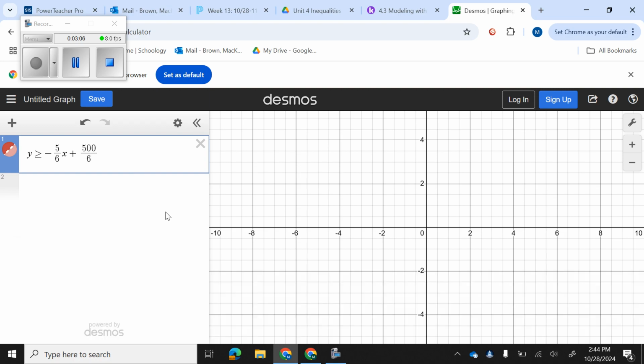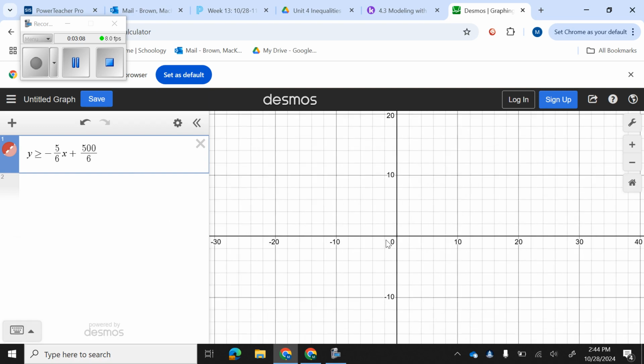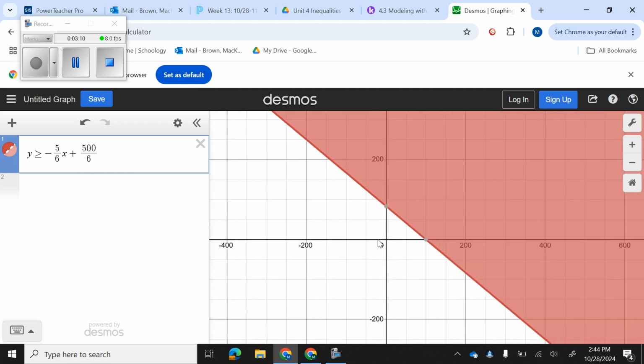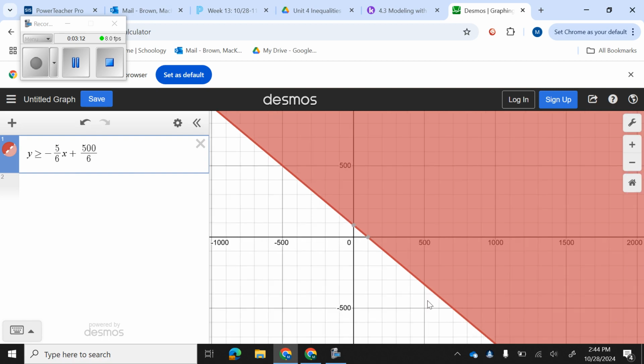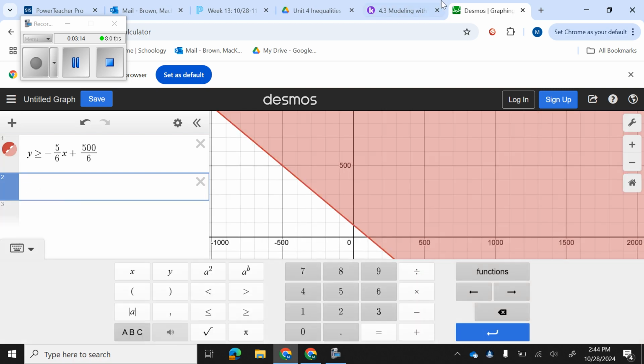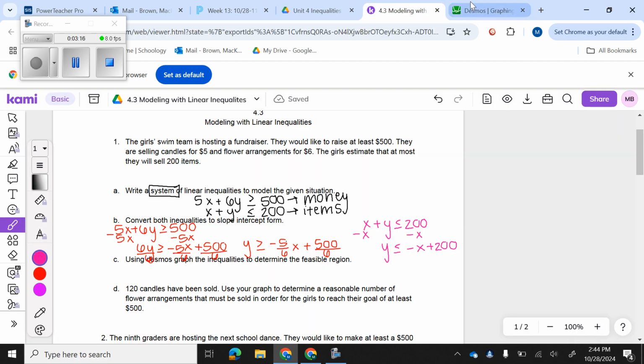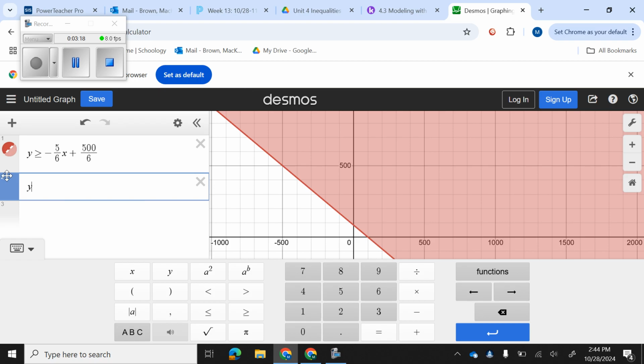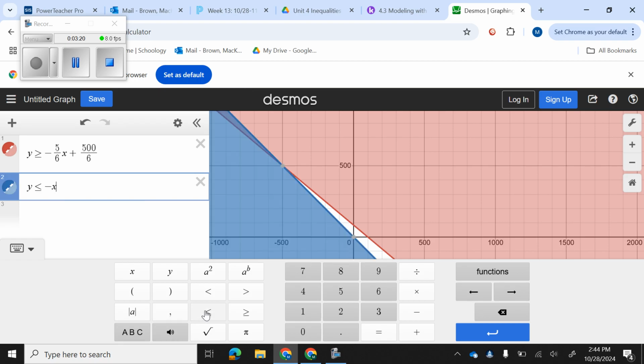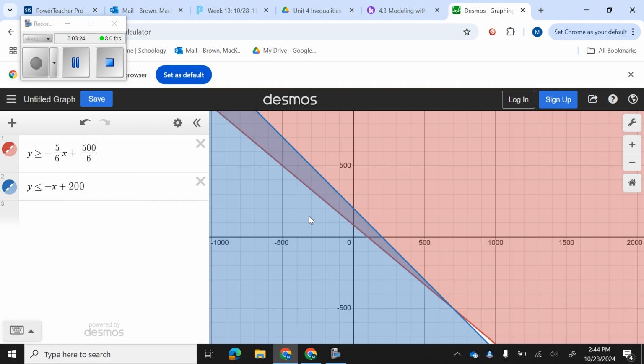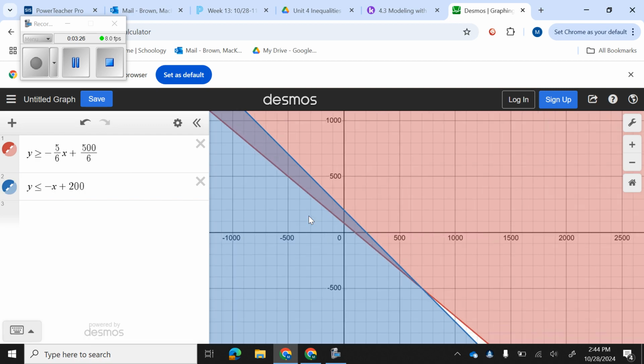All right, so there is my first inequality. Okay, so if you zoom out, you can see where it's graphed. Now I'm going to do my second inequality, which is y is less than or equal to negative x plus 200.